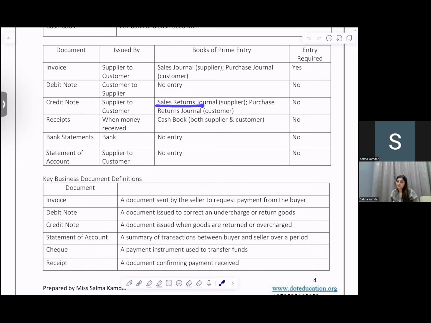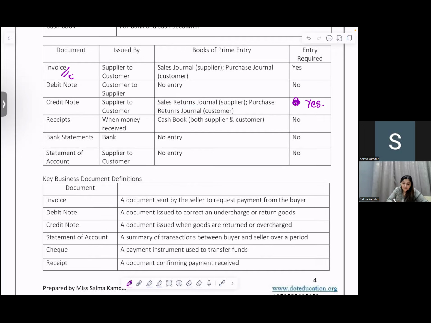If I have issued it, I will pass the entry for sales return in my sales return day book, and the customer, for him, he receives the credit note, so he will pass the entry in the purchase return day book. So there is definitely an entry that is needed for a credit note. Credit note issued is for sales return. Credit note received is for purchase return.